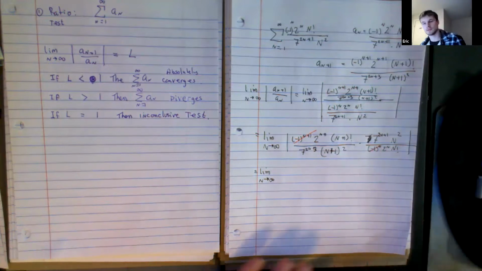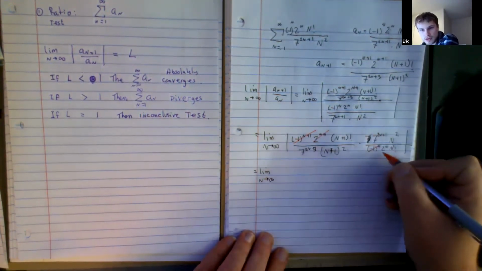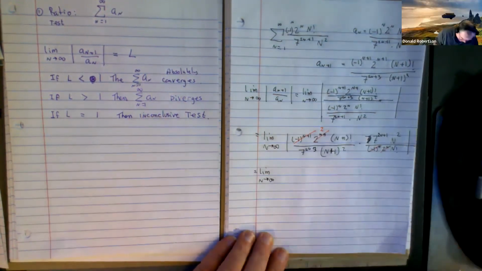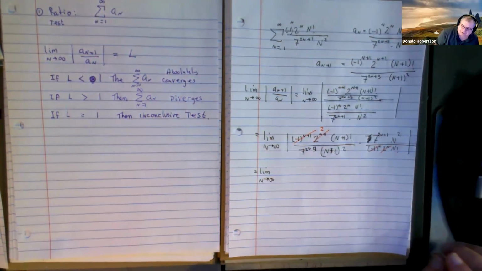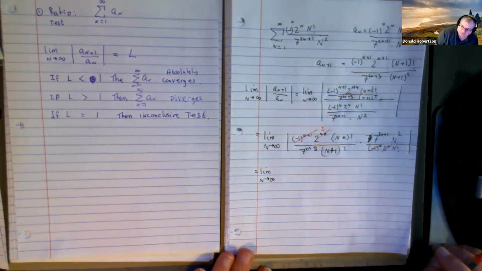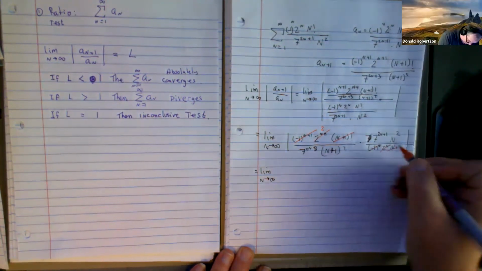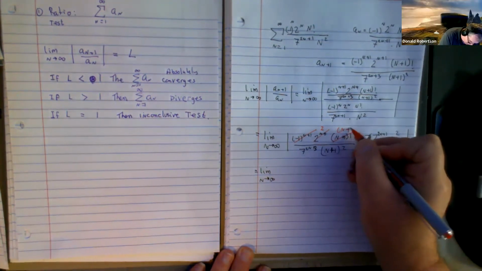So we're left with a 2 in the numerator. Okay, pick something else. What else can cancel? Factorial. Okay, and if you do that with that, would you agree there's an n plus 1 left on the top?